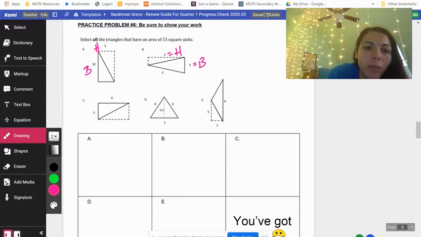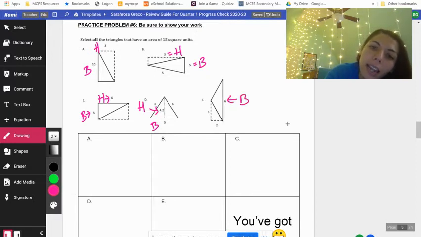For letter C, 5 is my base and 6 is my height. Over here, 5 is my base and 4.2 is my height. Over here, 6 is going to be my base and 2 is going to be my height.